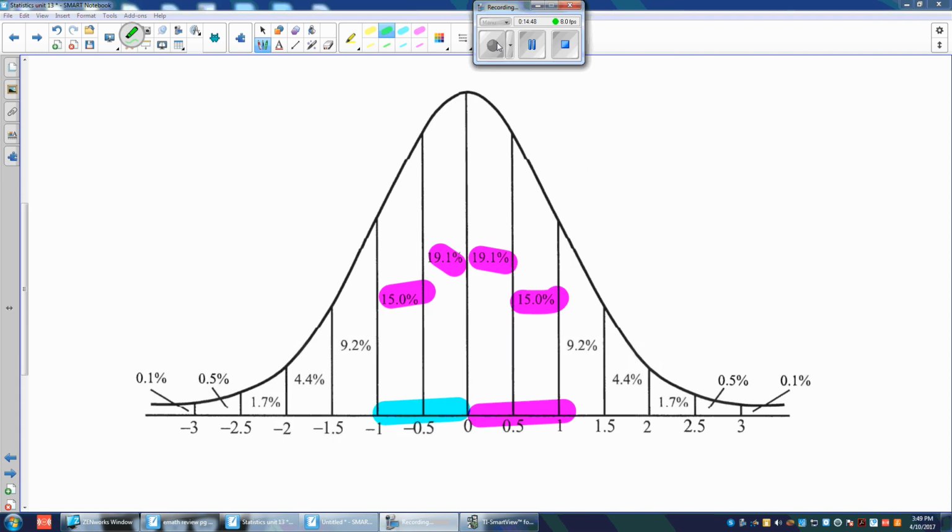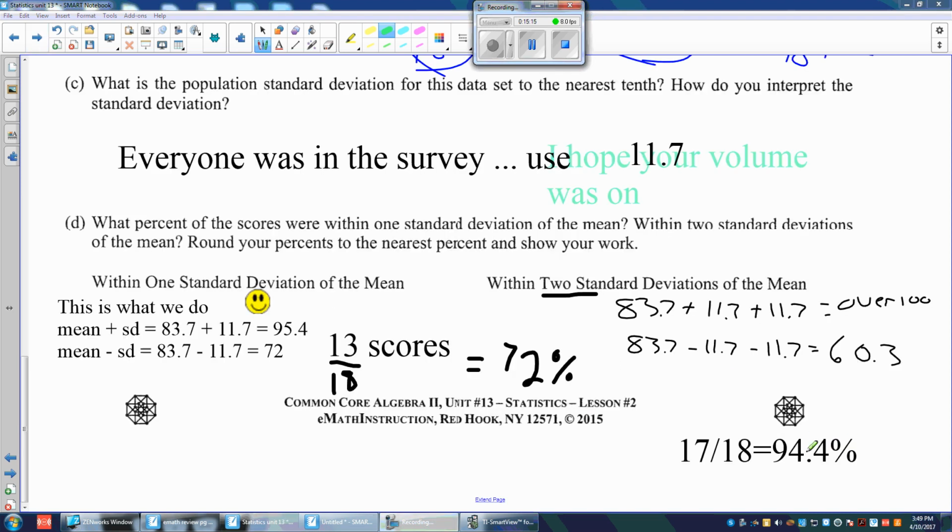Going back to the curve, if we want to go out 2 standard deviations, again, it's everything but this little tiny bit, 4.6%. So it's extremely close. It checks with the standard curve.